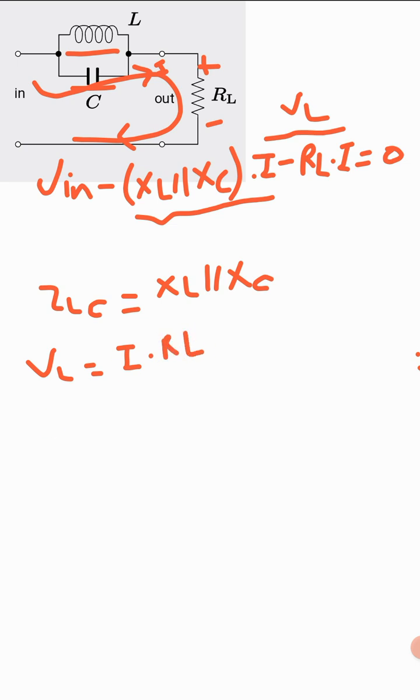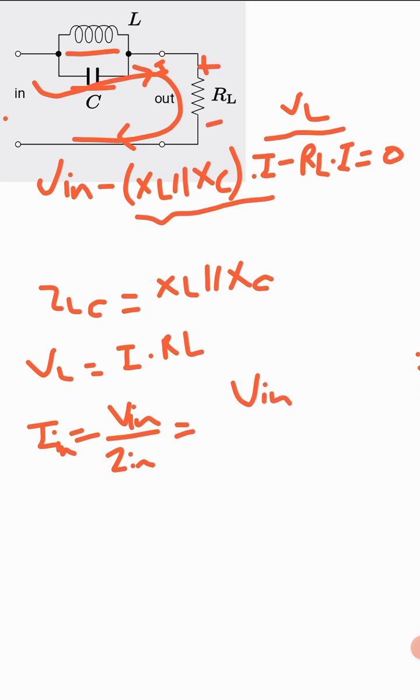And I is your V over Z in, and V is your V in, that is this input, and I is your I in, that is the input current that is flowing inside the loop, and Z in would be, let me calculate the Z in.